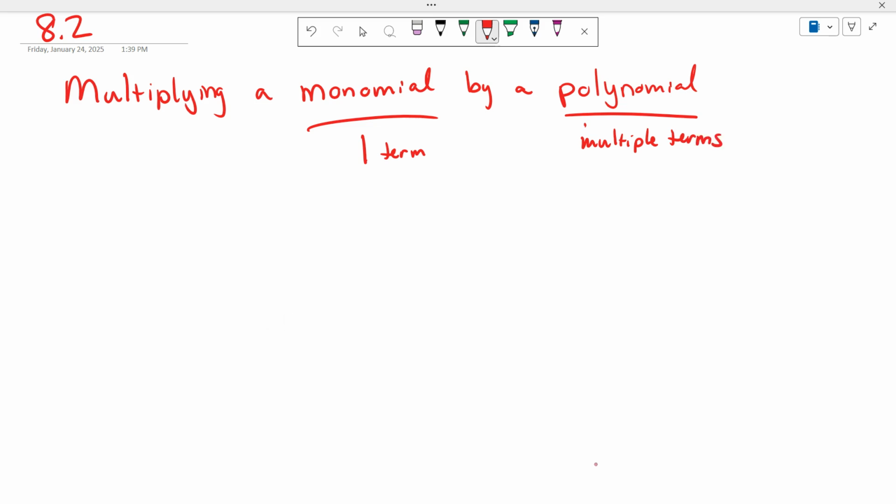So a monomial can be like 8, or it could be like 2x, or it could be like 4v squared. A polynomial is like x plus 3 or 6x squared minus 5x plus 2. Okay?